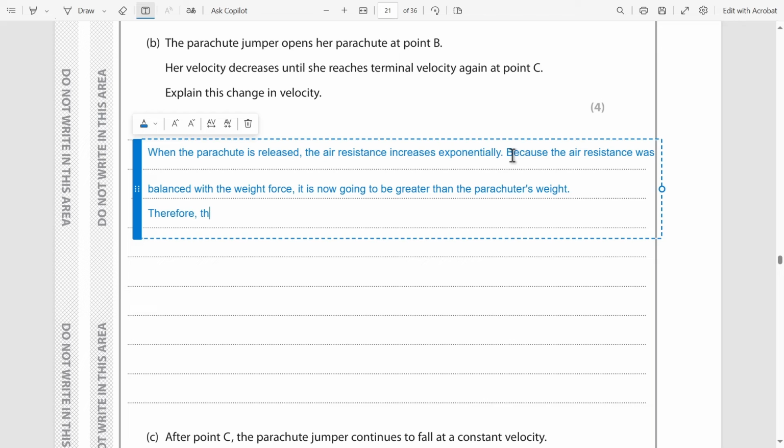Therefore, this will cause them to decelerate.